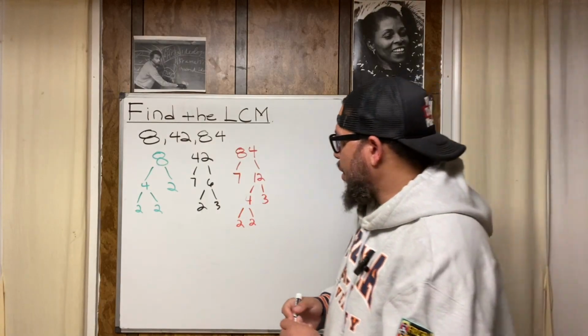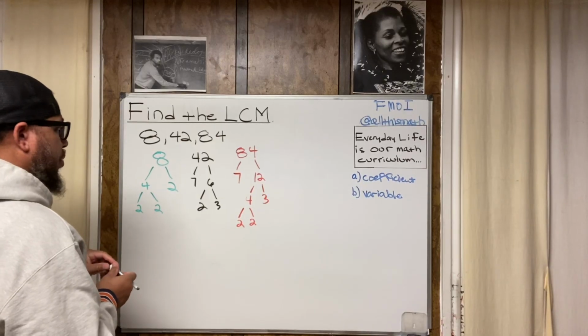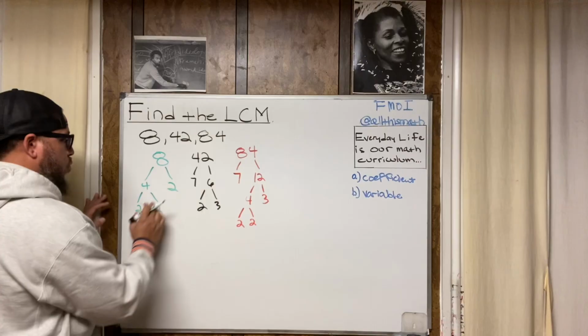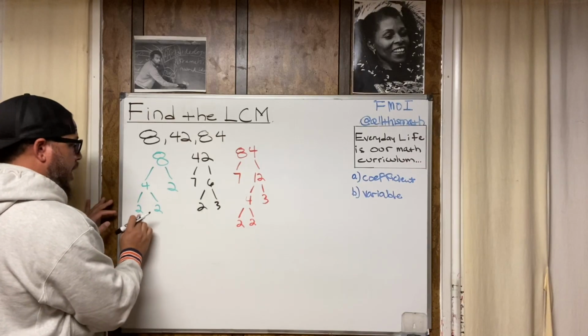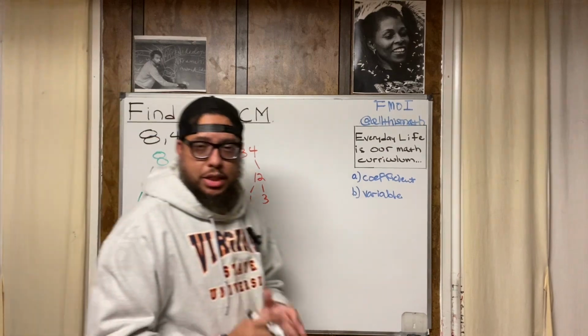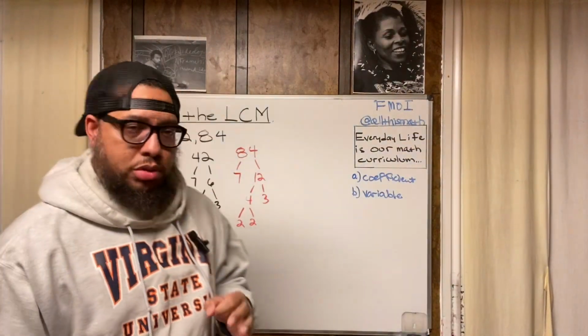is basically you just go through all your prime factors and you say, okay, under 8, what are my factors? 2 is one of my factors for 8. How many 2s does 8 have? 8 has 3 2s.